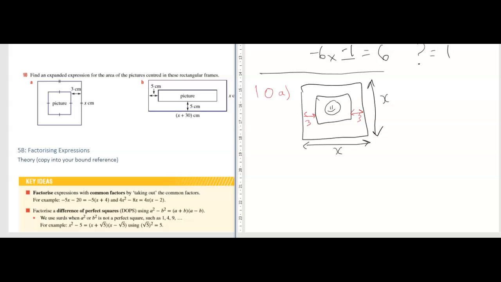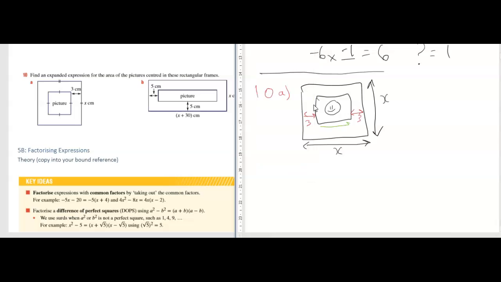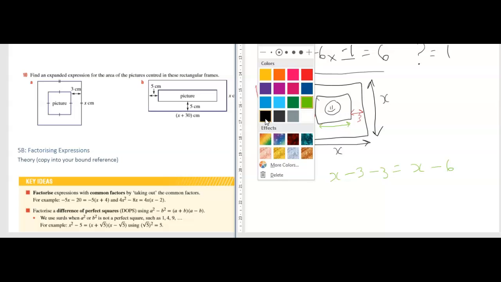So what we have left, and I might just use a different color because why not, this distance here is x, so the whole distance minus the length of this side minus the length of this side. So it's going to be x minus 6. So your picture is x minus 6. And we have to find the area. So I'm going to go back to black.